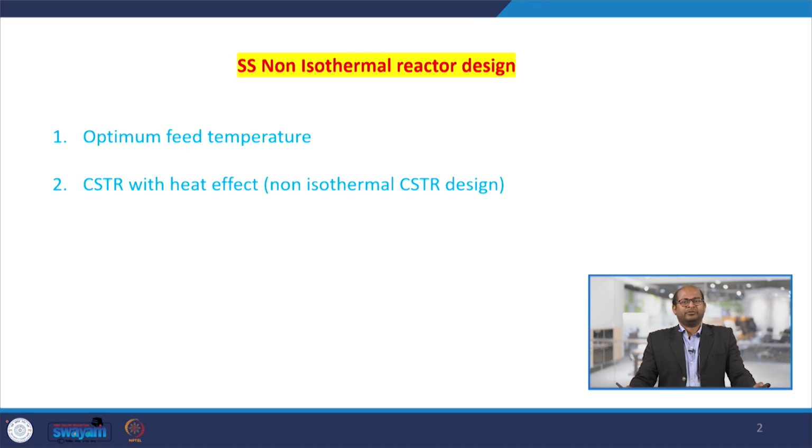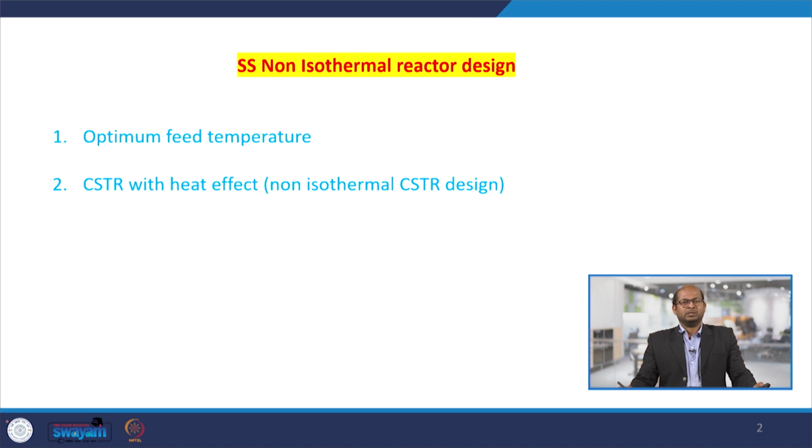The feed that we are charging inside the reactor may be at any temperature other than the reaction temperature. The reaction temperature may be, let us say, 100 degrees centigrade, and the feed we are entering through the inlet may be at a higher or lower temperature, say 25 degrees centigrade.